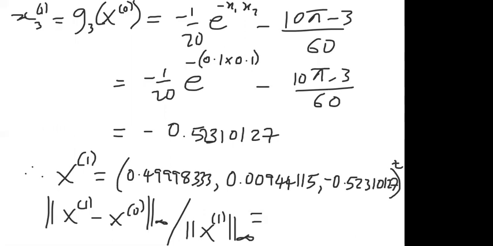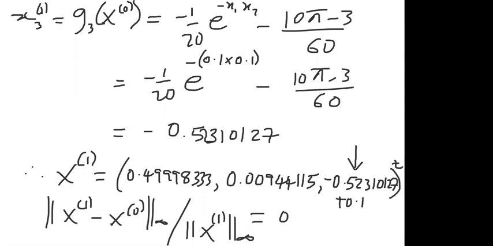You'll be able to see that the L infinity norm in the numerator will just be equal to, what? You have 0.1, so the maximum will come from that value: minus 0.52310127 minus 0.1, so it will be this value plus 0.1.